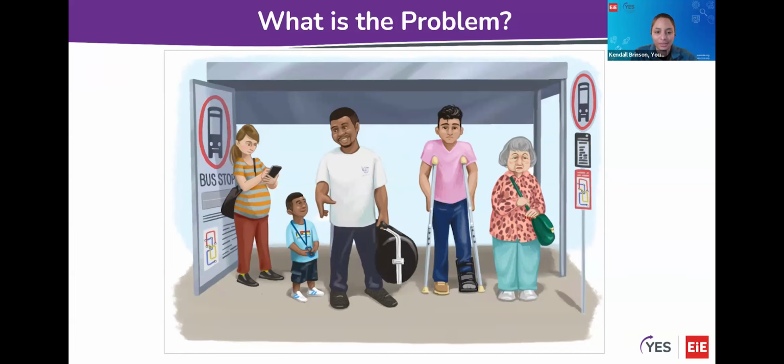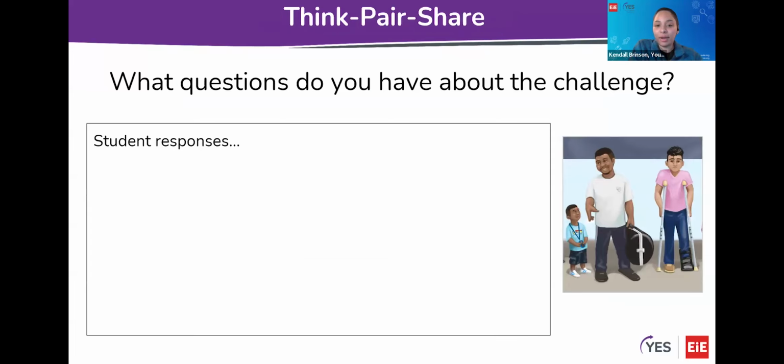But before you get started, we have to think a little bit more like engineers. I'm just telling you have to make a model bench. What else do you need to know about this problem before you get started? Yeah, how big the bench has to be, how long. So we're thinking about our size, our length, the weight load. How much weight does this bench have to support?